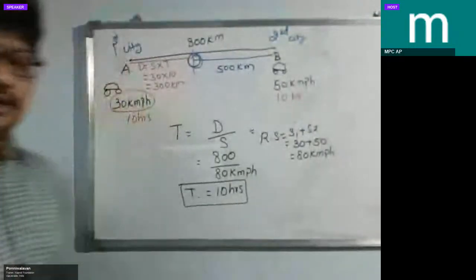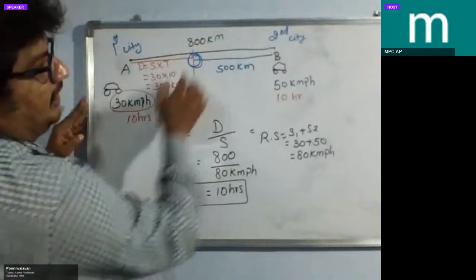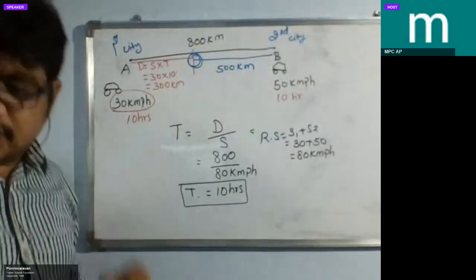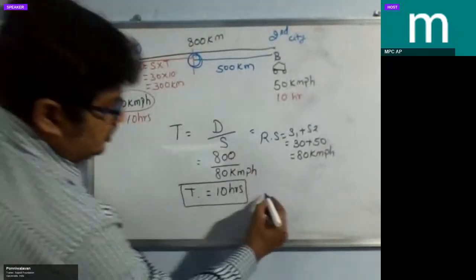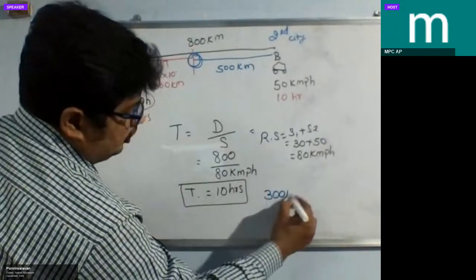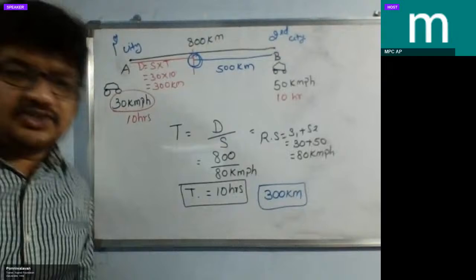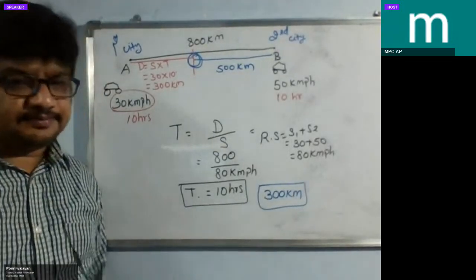Very good. From the first city it is 300 kilometer. If it is from the second city it is 500 kilometer. Here they are asking from the first city, so the answer is 300 kilometer. Is it clear?